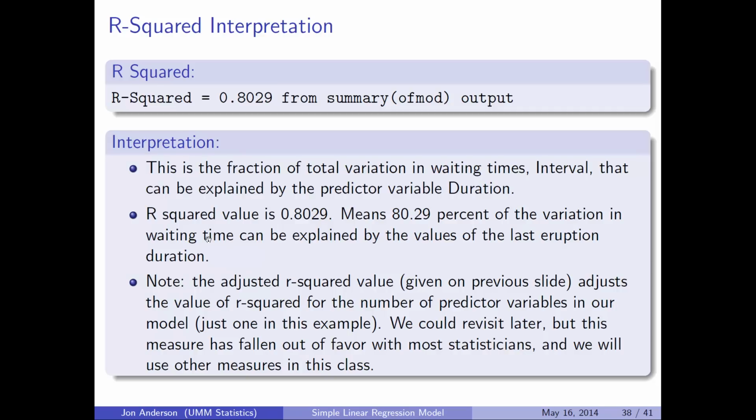This second bullet is how I'm looking for you to explain R squared. R squared is a value that can go from 0 to 1, 0% to 100%. 100% would mean that the predictor is a perfect explainer of the response variable. 0 for R squared would mean that the predictor is a very poor explainer and doesn't explain anything about the response variation.